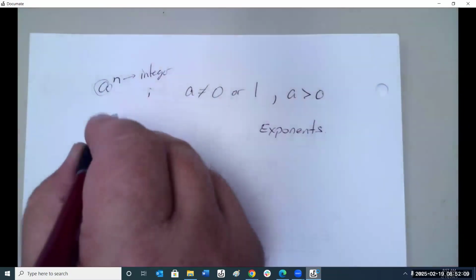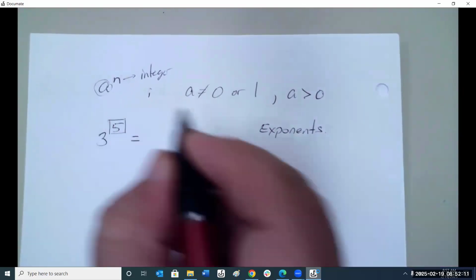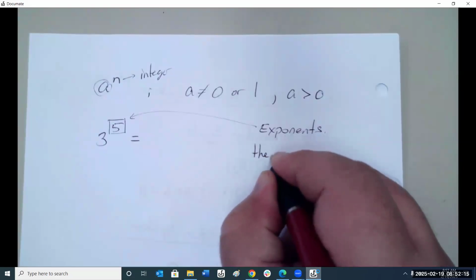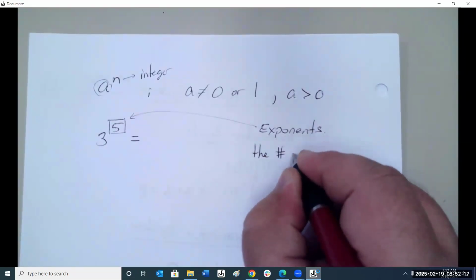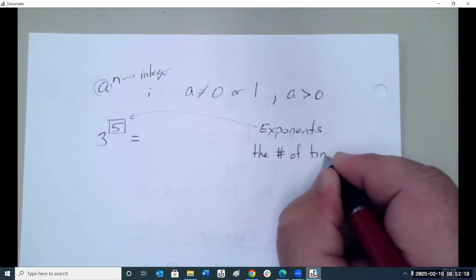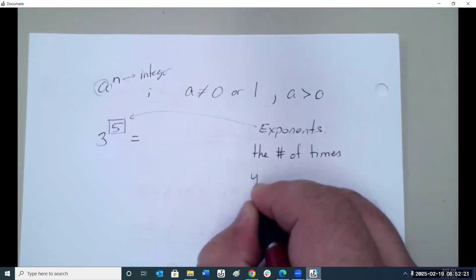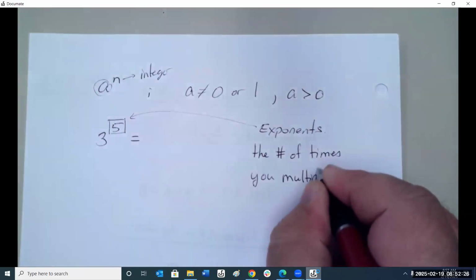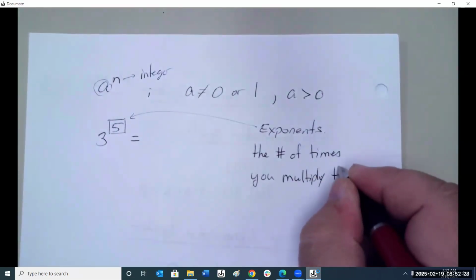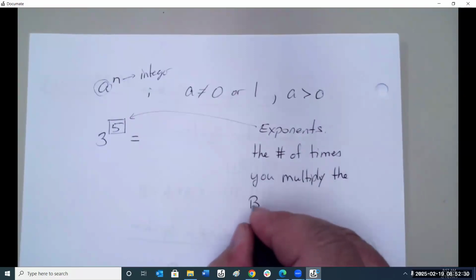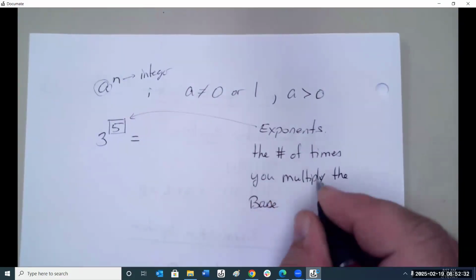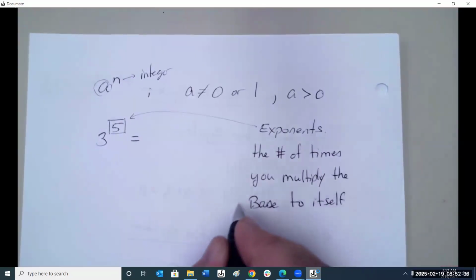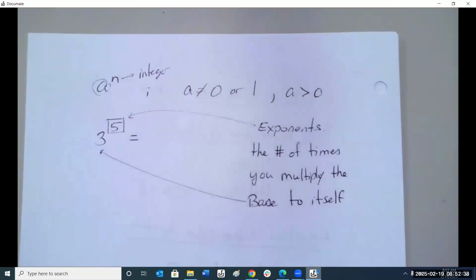What the exponent, which is this right here, tells us is the number of times you multiply the base to itself. This is the base.